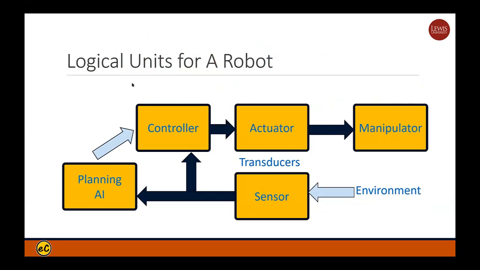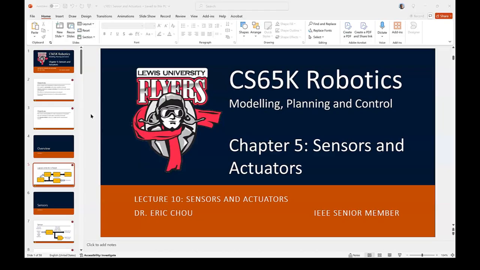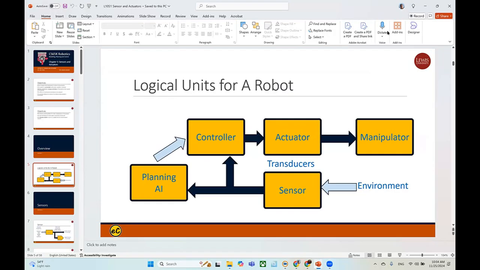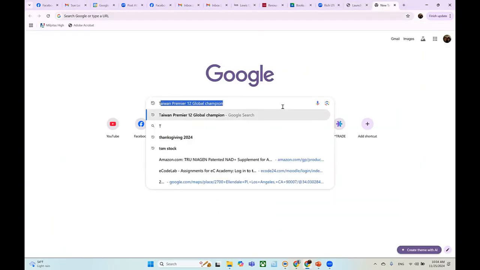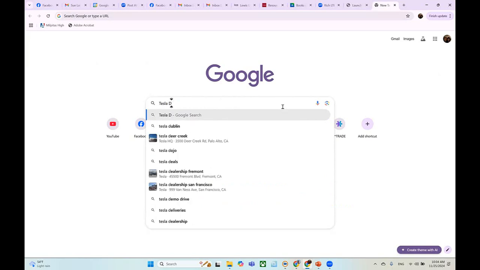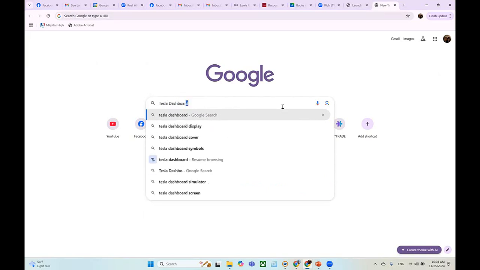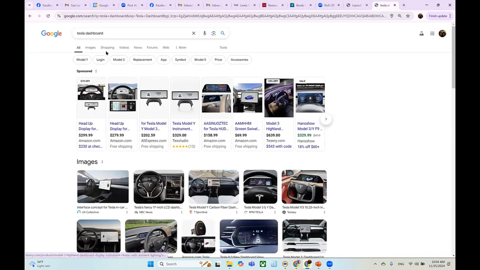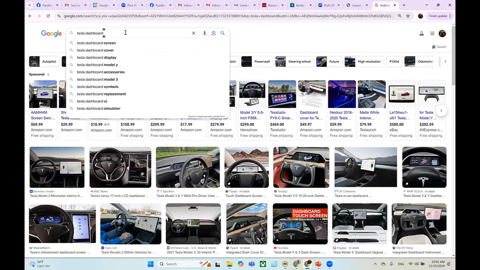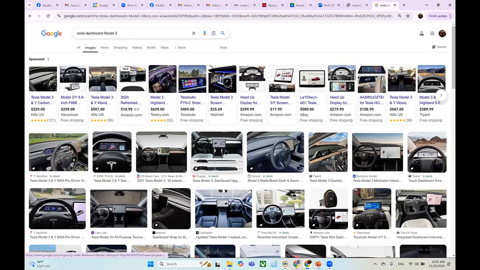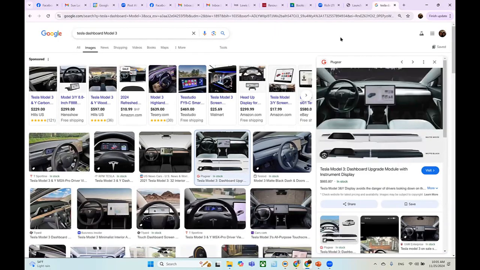Okay, so let's look at one thing. Tesla's dashboard. Let's look at the Model 3. It always comes with a computer, right?